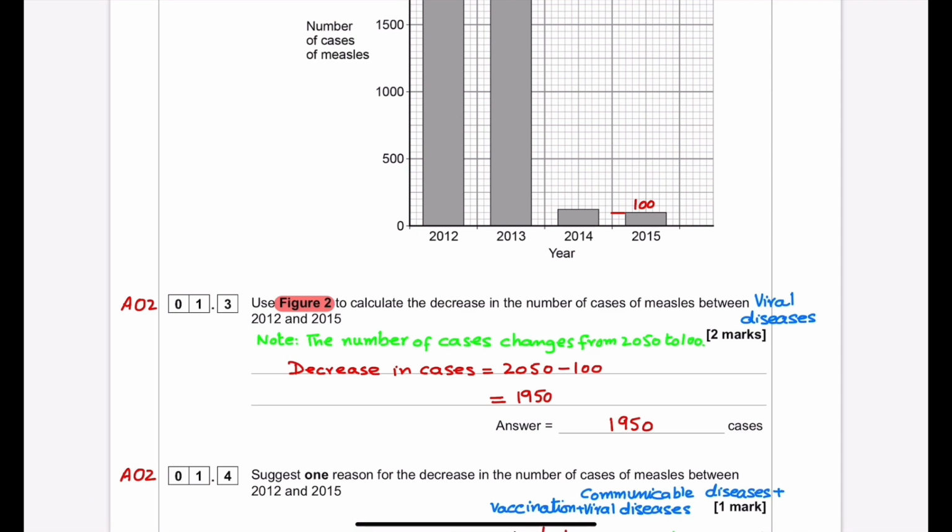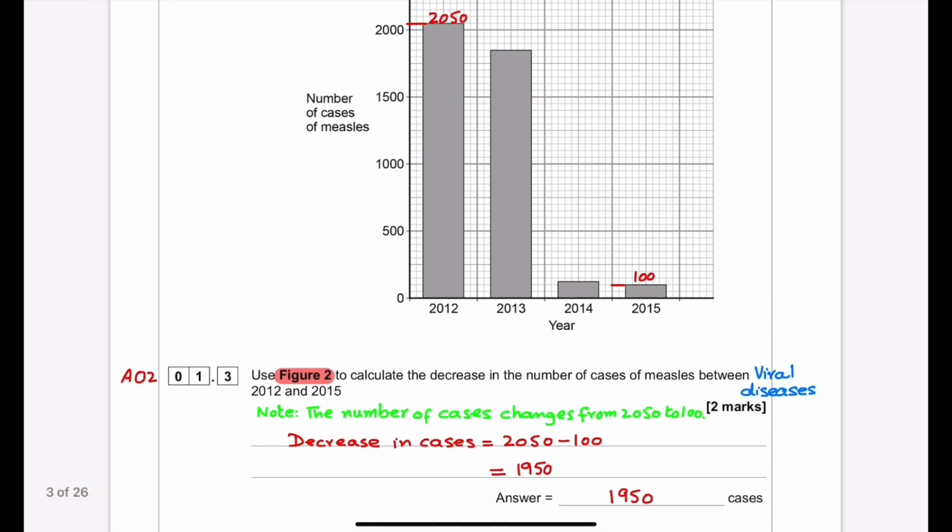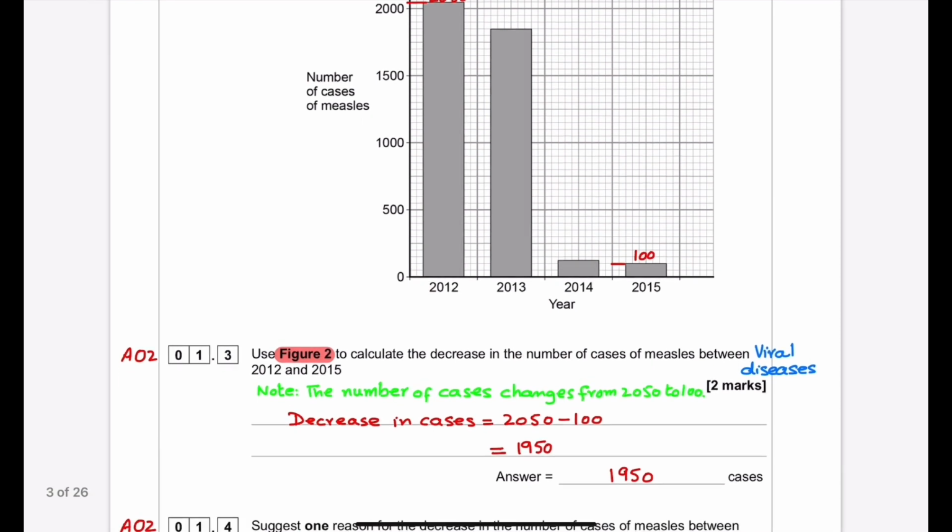Our next question is an AO2 question, part number 4. Suggest one reason for the decrease in the number of cases of measles between 2012 and 2015. If you look here, there was a decrease from 2012 to 2015. The question is to give one reason why the case numbers decreased during this period.